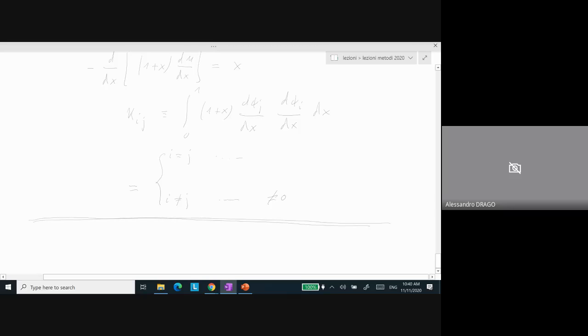So if the matrix K is tri-diagonal or similar, you can again solve your problem very rapidly without the need of really computing the inverse of the matrix K, which would be extremely time consuming. So what we are trying to do is to find a basis such that the matrix K is, let's say, tri-diagonal, as close to being diagonal as possible.